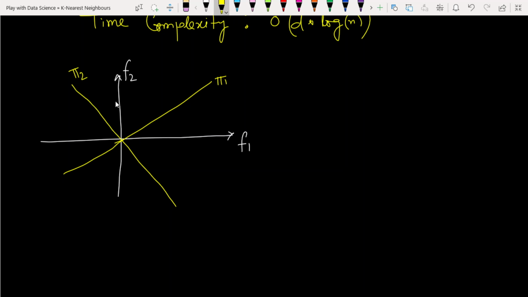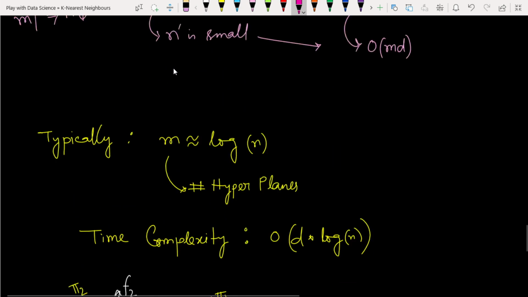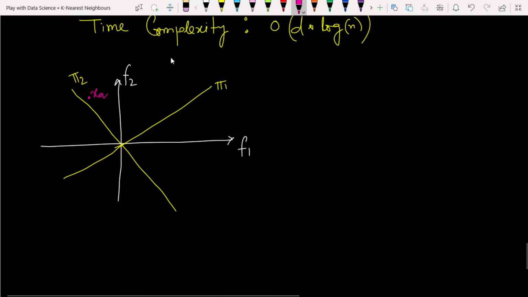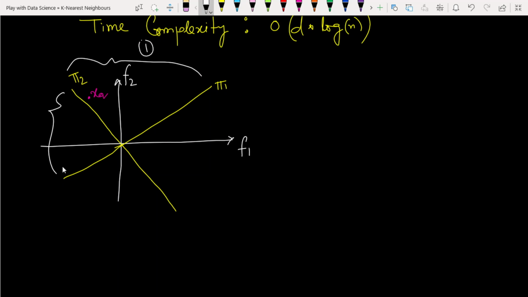And suppose we have a query point xq here. This is slice 1, this is slice 2, this is slice 3, and this is slice 4.